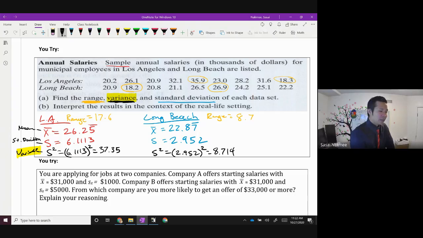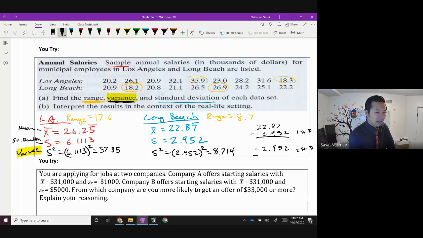Don't write this part down, but for Long Beach, if you are making a below average wage and you subtract the standard deviation, but you subtract it twice, because that's 1 standard deviation and that's 2 standard deviations.